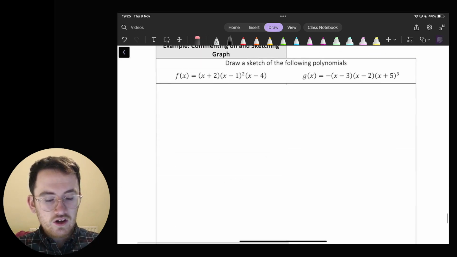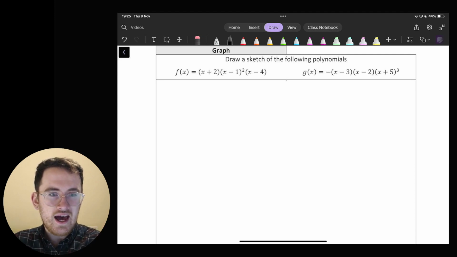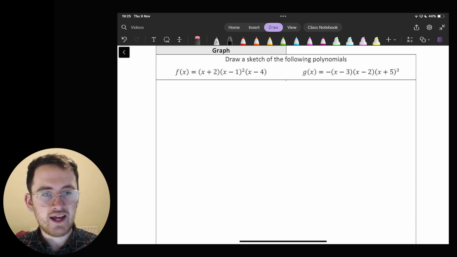So let's have a look at how that actually helps us with drawing sketches of the graphs, because it's all well and good to talk about the theory, but it's going to help us a lot more if we can look at sketches and see how we bring all these ideas together. So we're going to start by looking at f of x here.